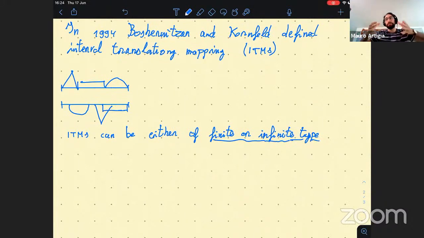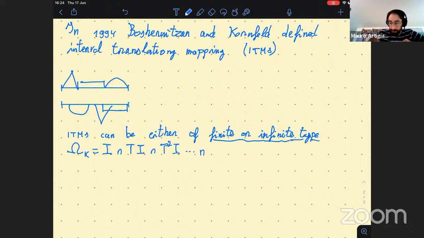Since the image of the starting interval need not be the whole interval, and this is actually the interesting case, I can look at the attractor. I can define omega k to be the intersection of the beginning interval with its image under my map, and then its square, etc., until k. And then two things can happen.